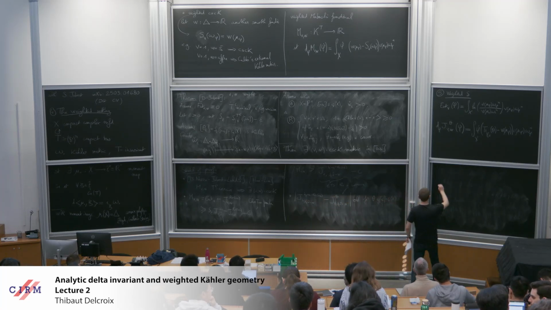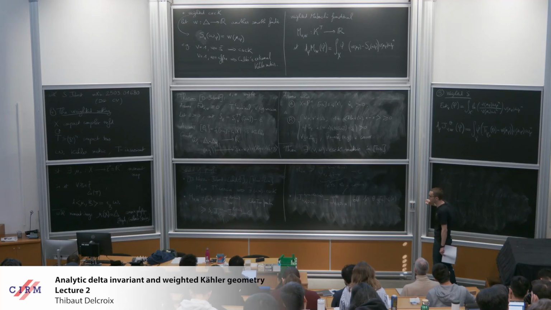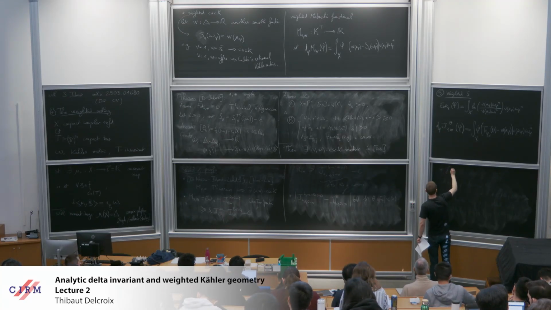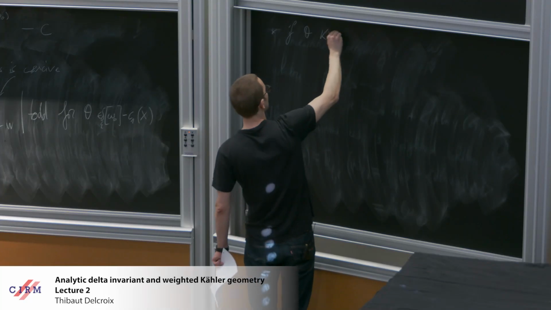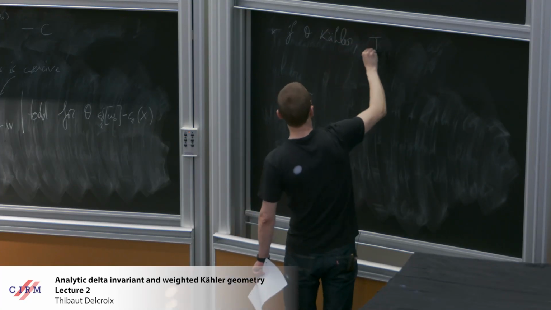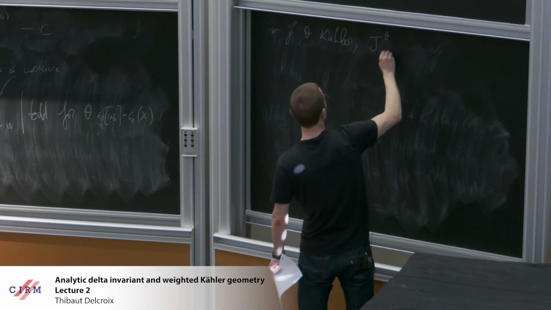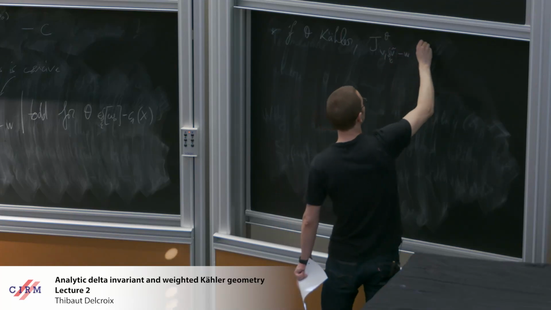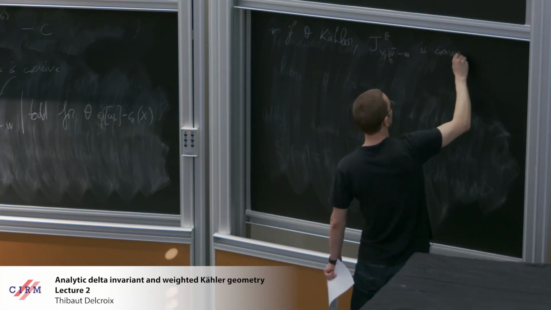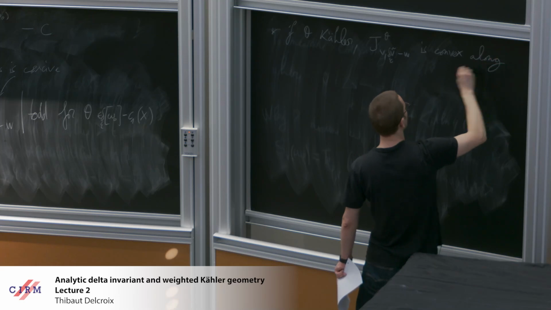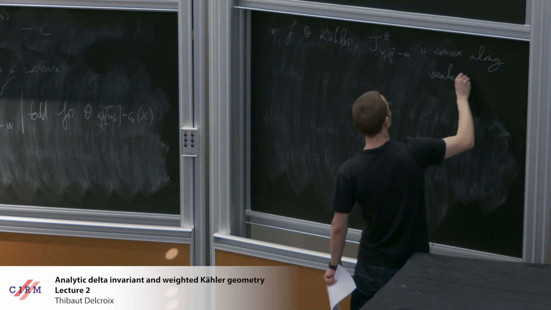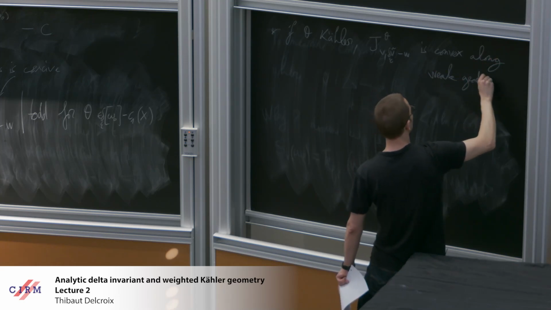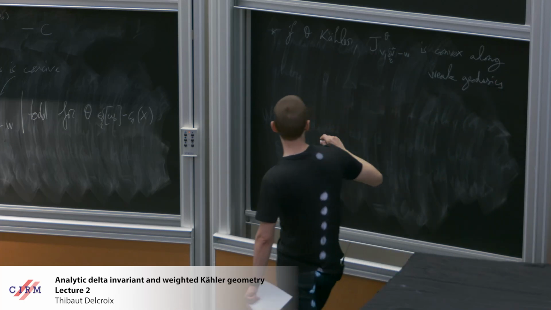One last result before that. If theta is Kähler, this functional is convex along weak geodesics. This is also due to Ladili.